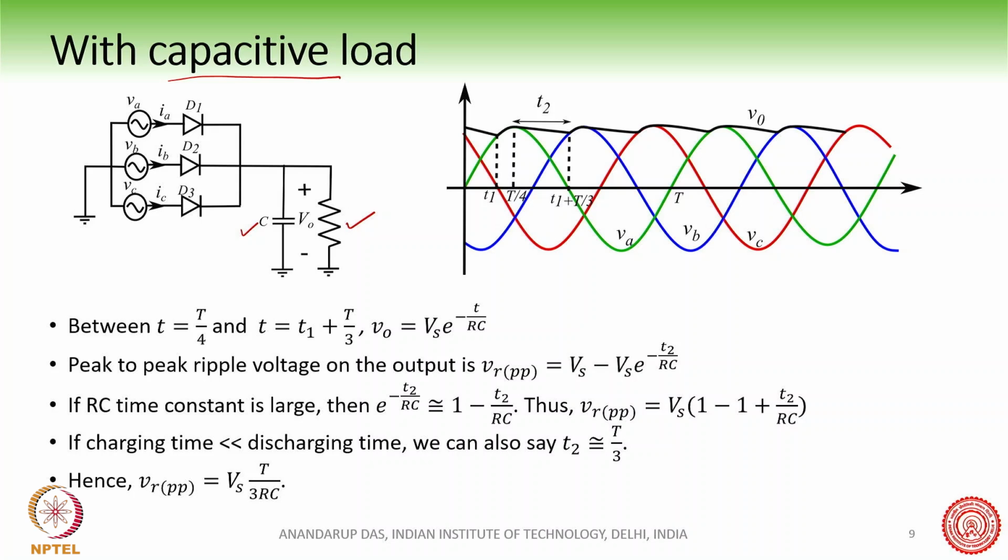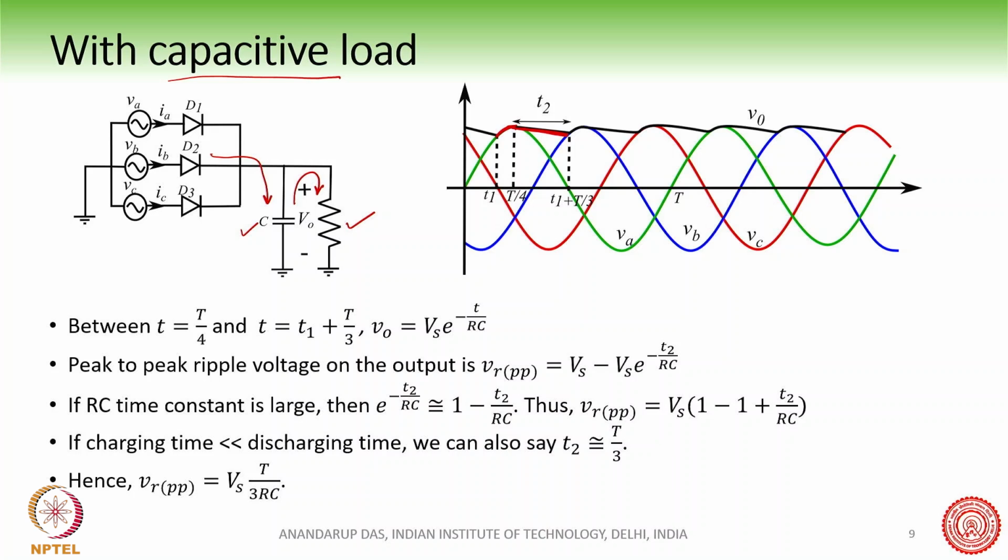The capacitor charges during a certain period and then it discharges in another period. When it charges, the source charges the capacitor up, and when it discharges, it discharges through the load.